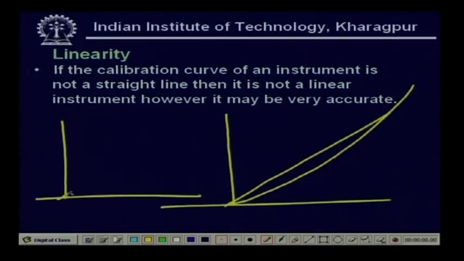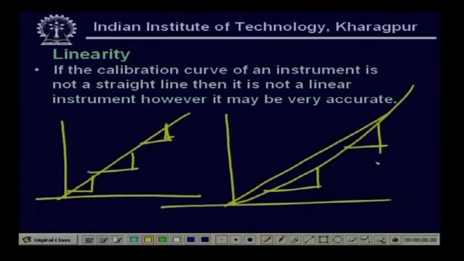Its sensitivity will be the same at all positions. It does not matter where I take the sensitivity, it will remain the same. Whereas if you take some other curve, the sensitivity here will be different from somewhere else. So while making the signal conditioning circuitry, the task will be very hard.